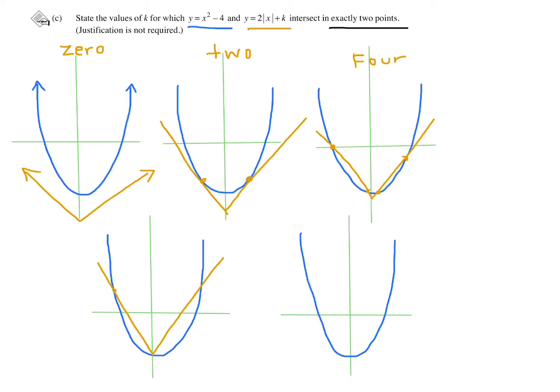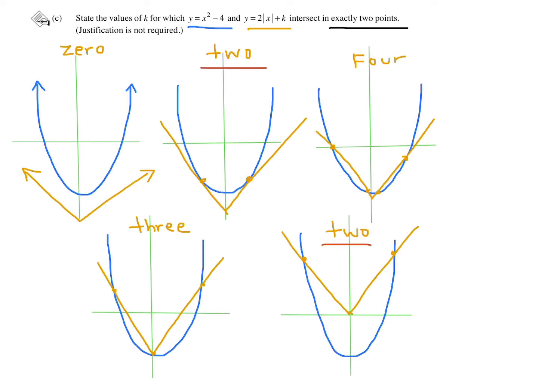Where you have 1, 2, and exactly 3. The vertex of the parabola and the vertex of that V-shaped orange graph intersect. So this is 3. And then finally, we have this kind of scenario like that, where it intersects at 2 points. So that's 2. So we are interested in this one and this one, because that's what the question asks.